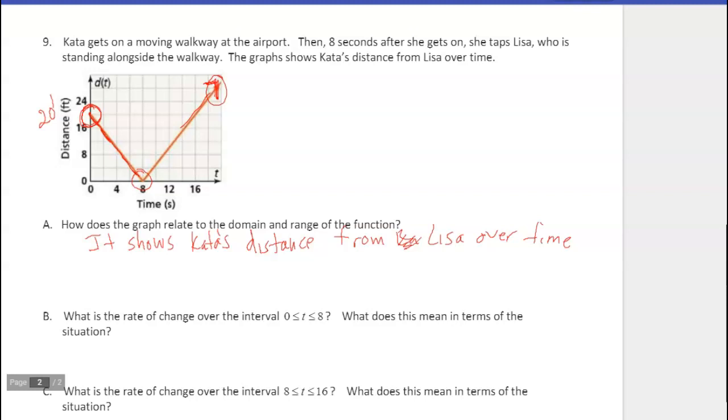And since I just want to do this here, I'm going to define our domain and range. So really, if our domain is, what are our possible x's? We're talking about time here, t.